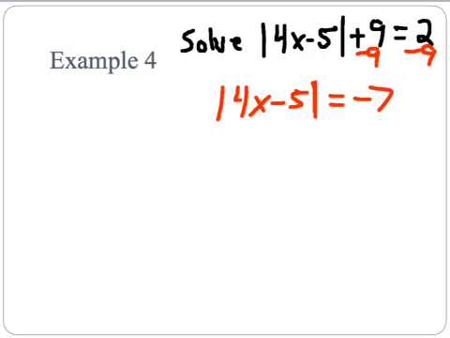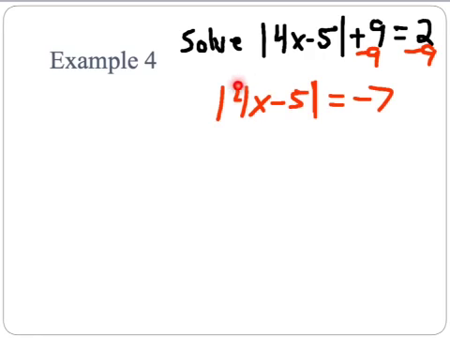Now look at that for a second. When I tell you that there is no answer to this, can you tell me why? Well, the reason there is no answer to this equation is that the absolute value of something can never be negative.